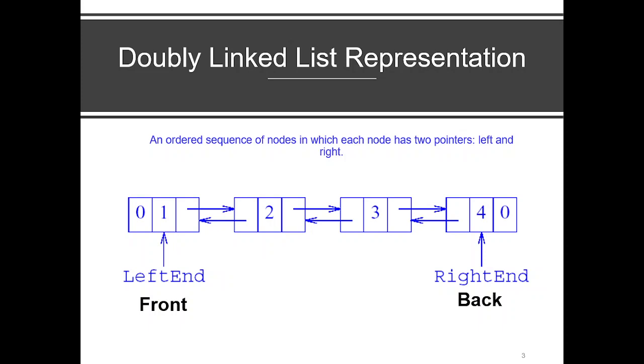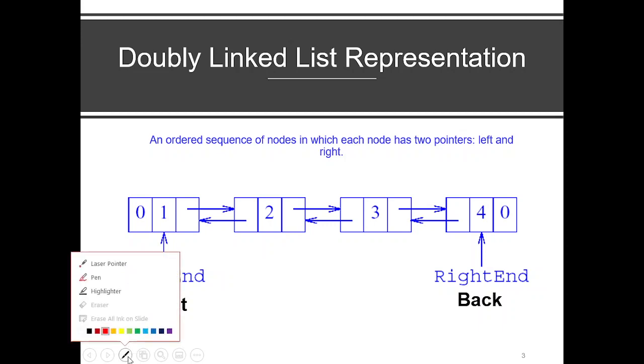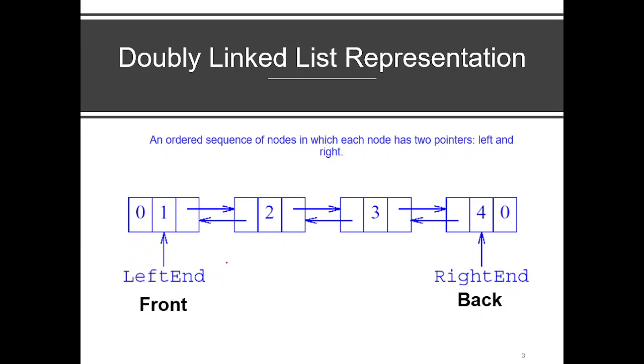And how do we create that link? We created that link by using a pointer. In a singly linked list, we had these nodes, and each node had two fields. One field stored the data, and the other field stored the address of the next node.